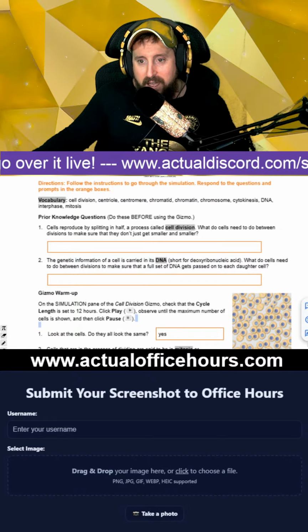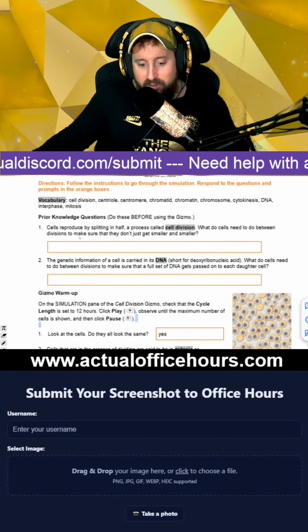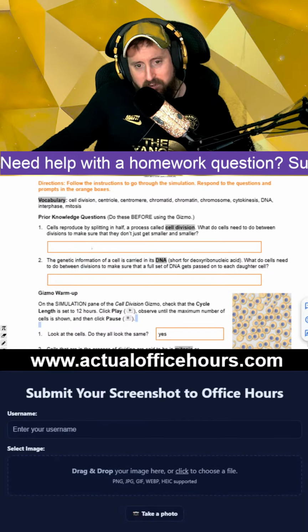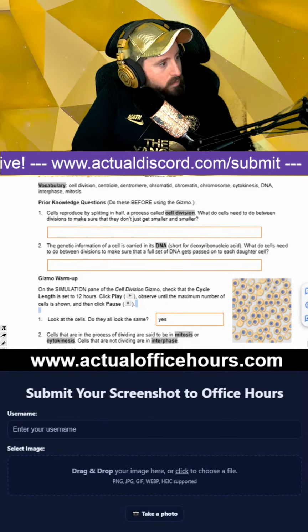Cells reproduce by splitting in half, called cell division. What do cells need to do between divisions to make sure they don't get smaller and smaller? Oh, so they need to, I think, duplicate their DNA, right? Is there a specific answer?